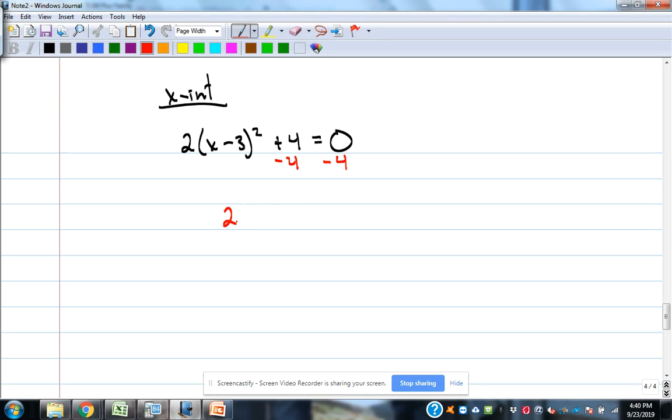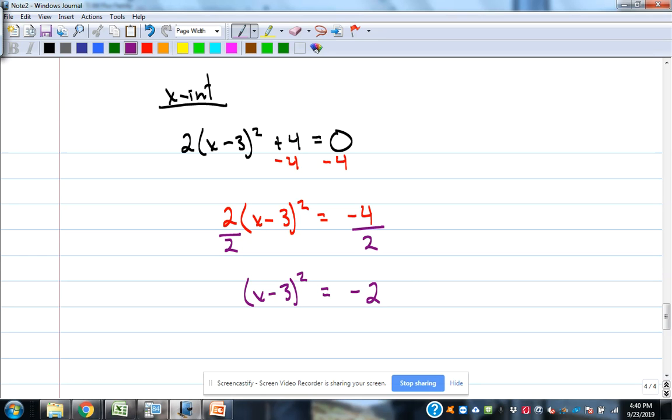What I'm trying to isolate here is the stuff that's in parentheses. And I would divide by the 2 because it's not in the parentheses. And that's going to give me x minus 3 squared is equal to negative 2.